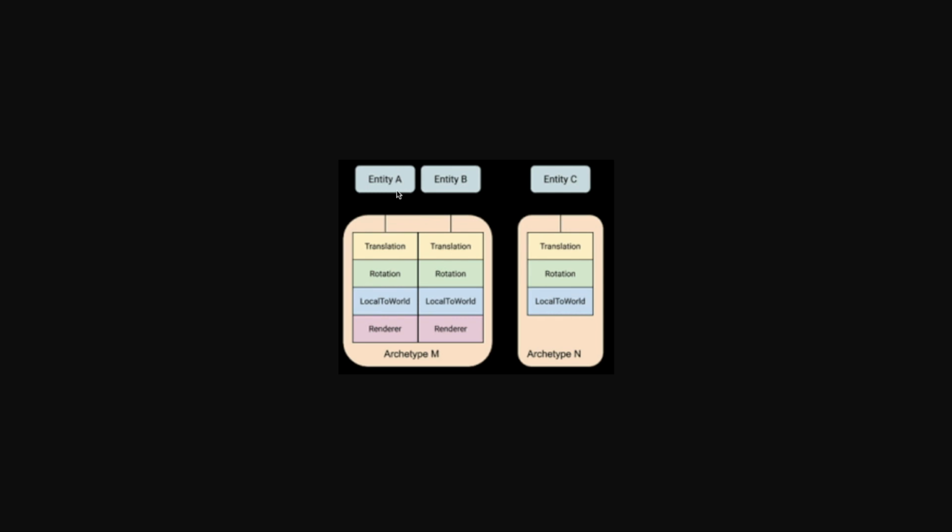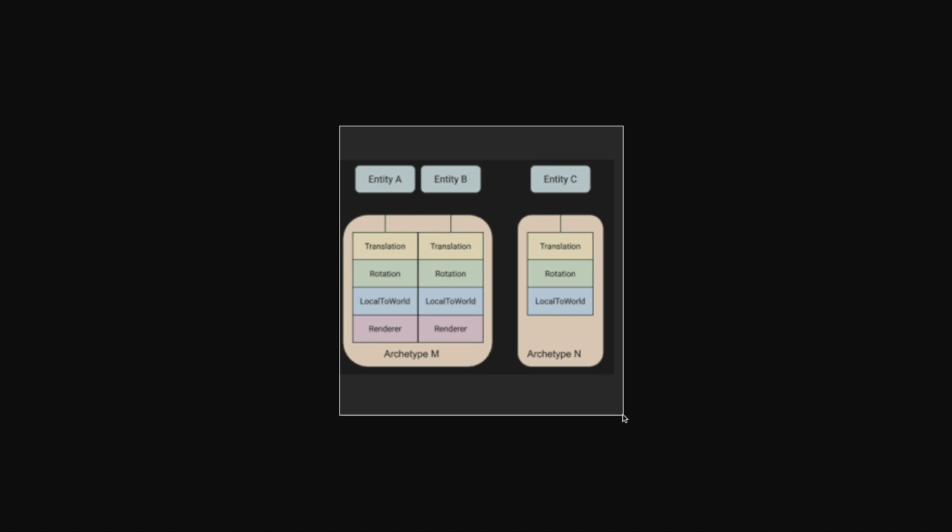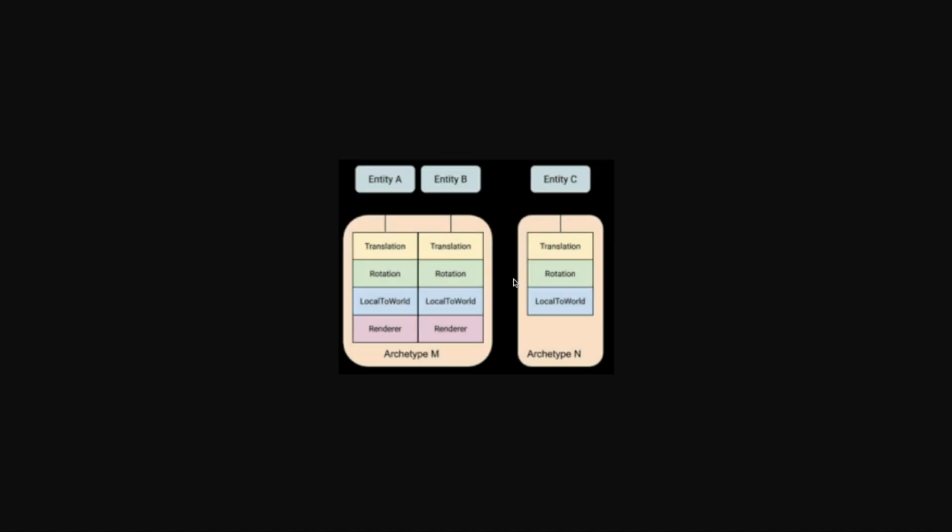ECS allows us to dynamically drop and add components on the fly, even delete a whole set of components. If you were to delete all these, your entity would essentially disappear. That kind of operation is great for game development, because you can quickly prototype, interchange, and redefine what an entity is.